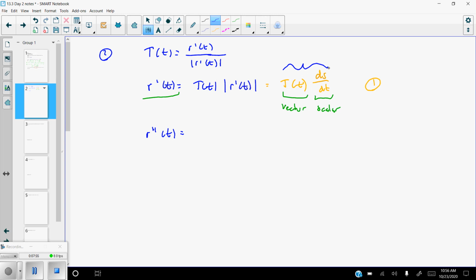Now, normally I would do the product rule by saying the derivative of the first times the second. I'm just going to reorder that. So I'm going to put the derivative of the first right here, which is just T prime of t, times the second, ds over dt, plus the derivative of the second.